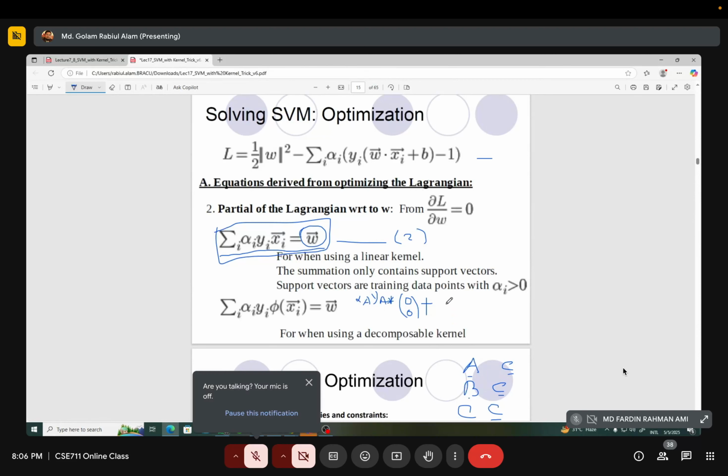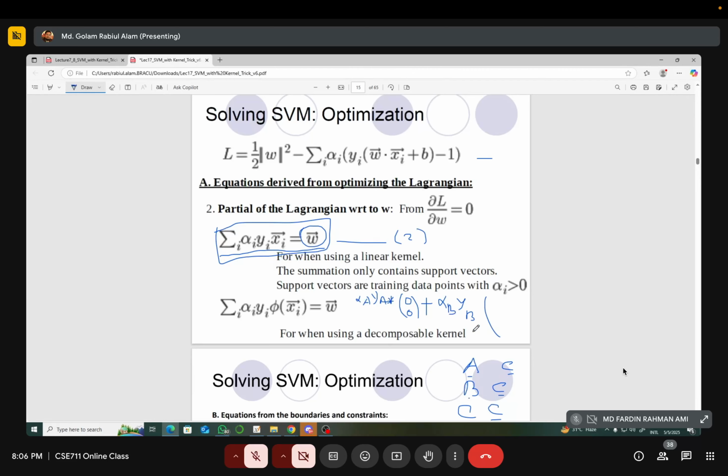Okay, in that case we will get alpha i is alpha b, yi is yb, and then we have yb. B is what? B is 1 1. There is our xb, plus we have also another term.